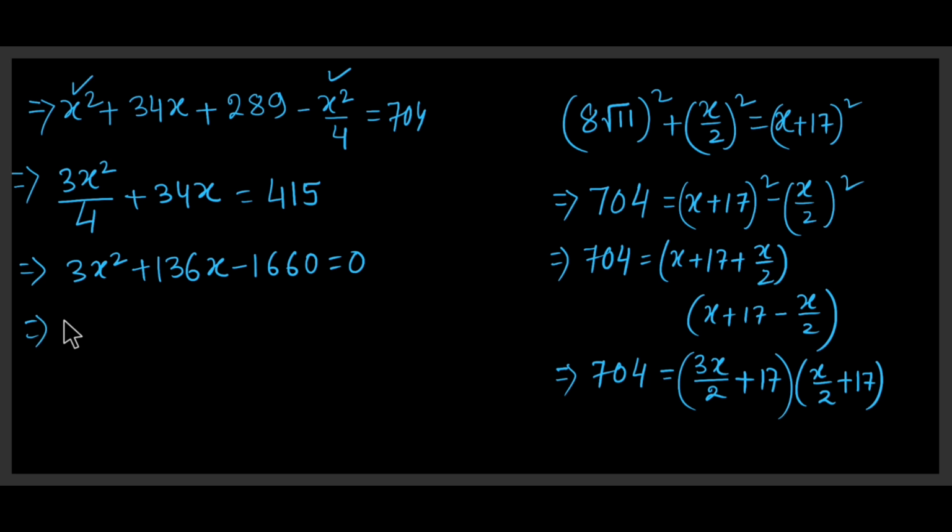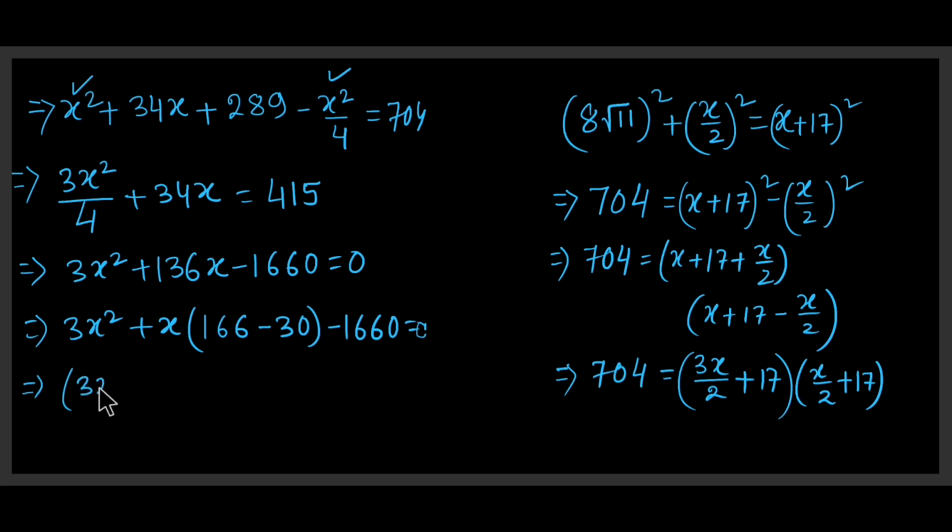Now 136 can be split as 166 minus 30, minus 1660 equal to 0. Now it is factorized as 3x plus 166 into x minus 10 equal to 0.